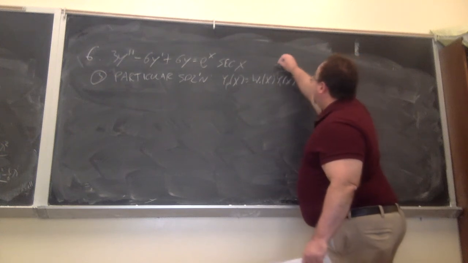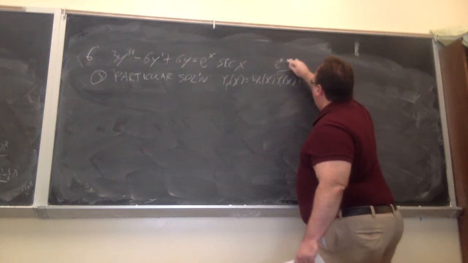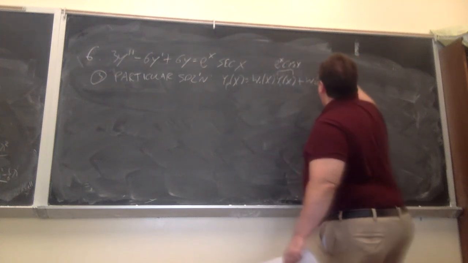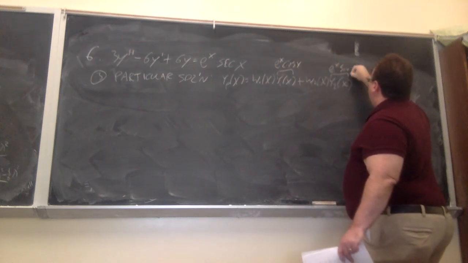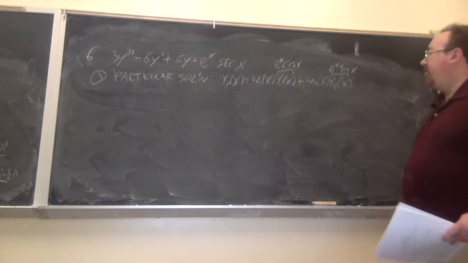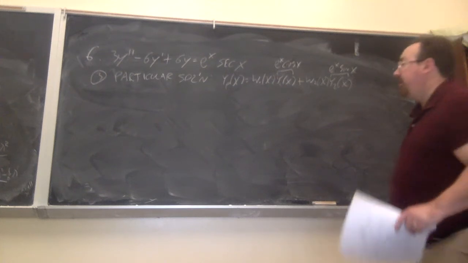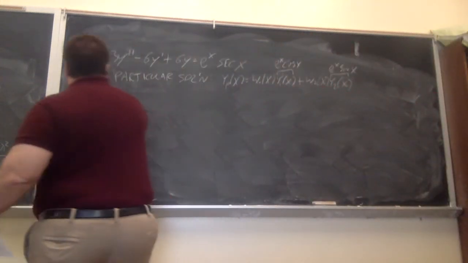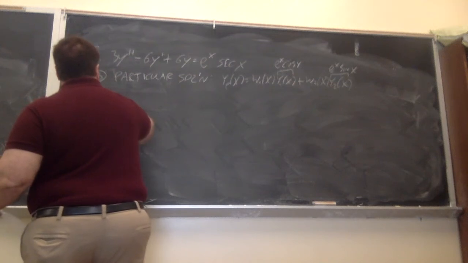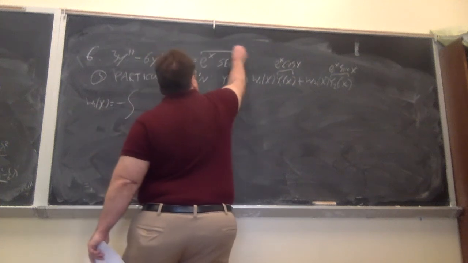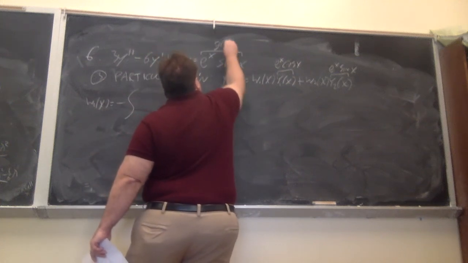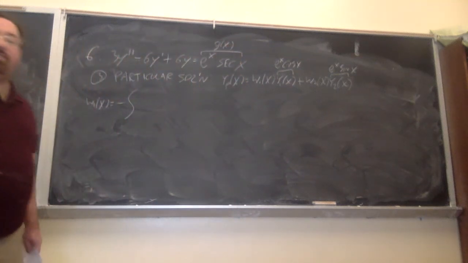So y1 is e to the x cosine x in this case, and y2 is e to the x sine x. So our formulas for w1 and w2: w1 is minus the integral of, so if we refer to the right-hand side as g of x.